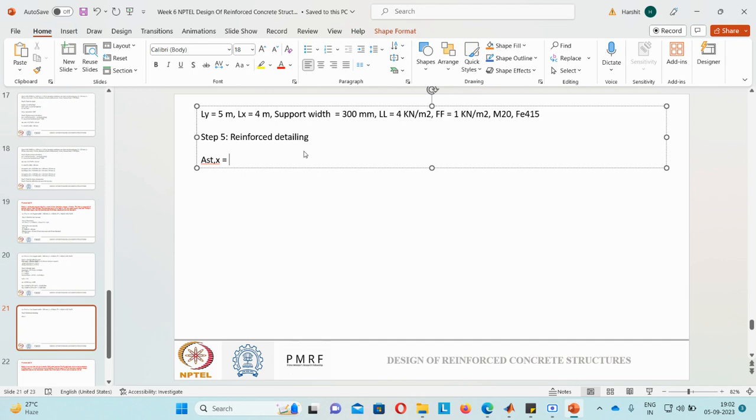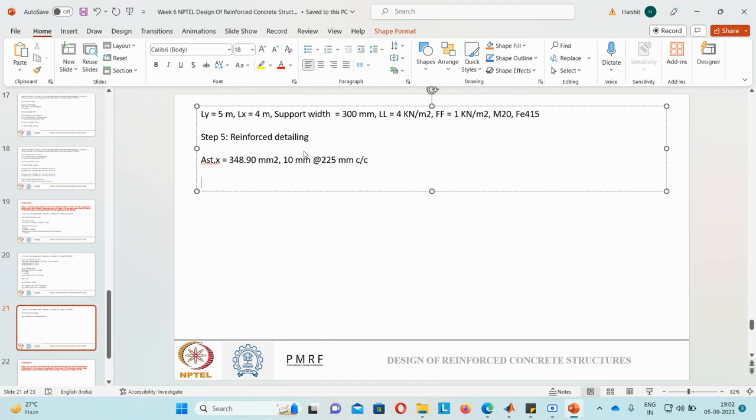Along the x direction, your Ast will come out to be 348.90 mm square. Just do the calculation on your own, you will get this value. Since we assume 10 mm rebar, we will provide 10 mm diameter rebar at a spacing of 225 mm center to center.